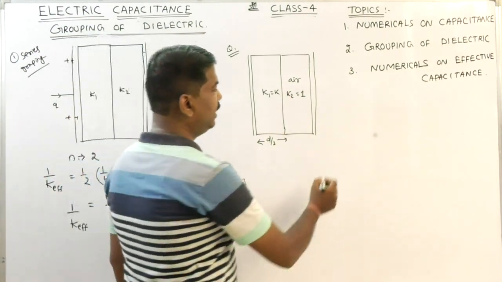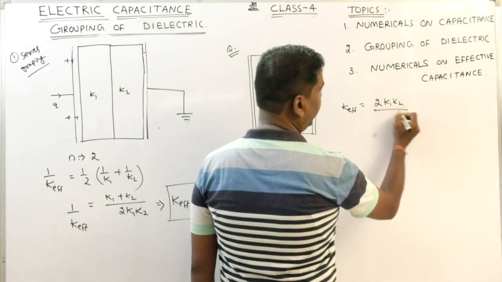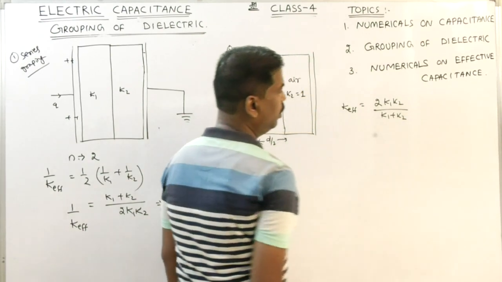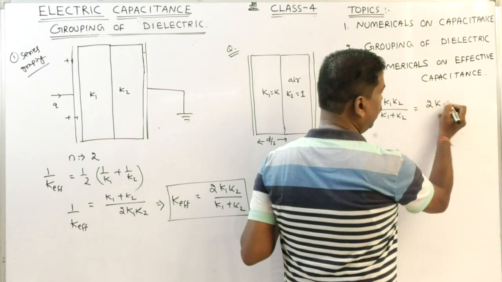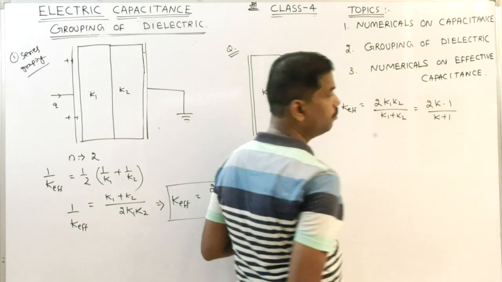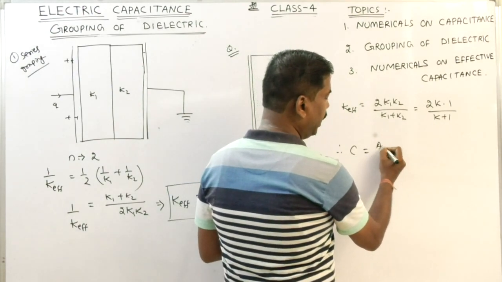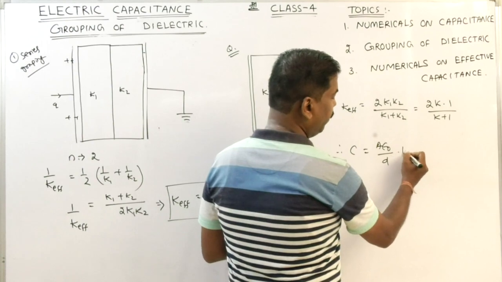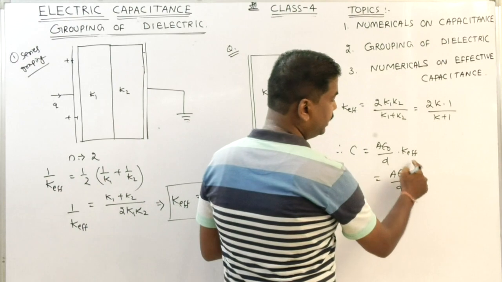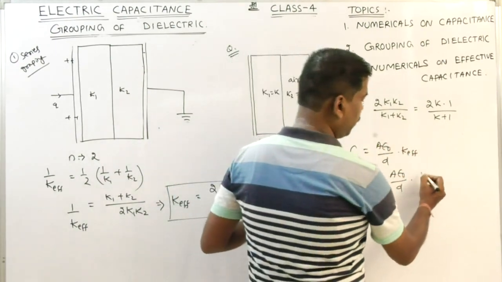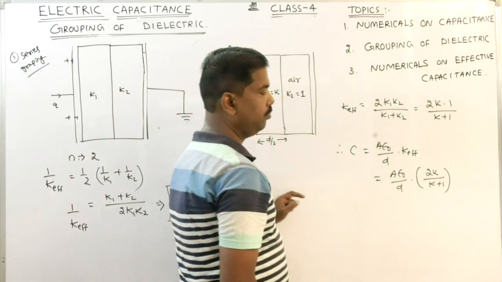Therefore the effective K is 2 K1 K2 by (K1 plus K2). So instead of K1 I can write K, so it is found to be 2K into 1 by (K plus 1). Clear? So the capacitance is A epsilon 0 by D into K effective, and instead of K effective I can write 2K by (K plus 1). Clear?